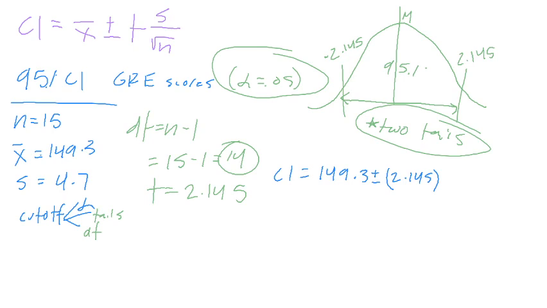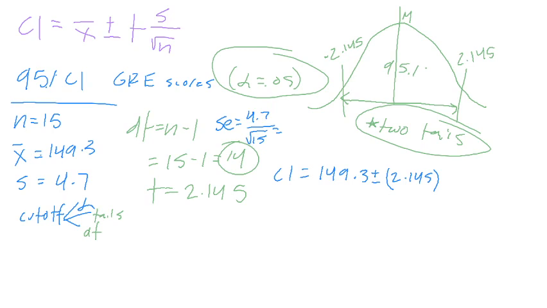So the standard deviation is 4.7 all over the square root of 15. Let me continue to solve this, and I'll show you what I would normally do. Because this is treated as a separate term, I like to calculate this separately, and this is called standard error. So I might just do my own little standard error calculation over here before I even put it into the formula.